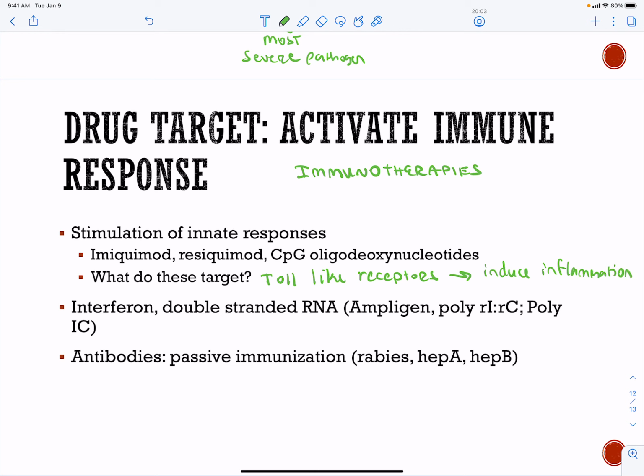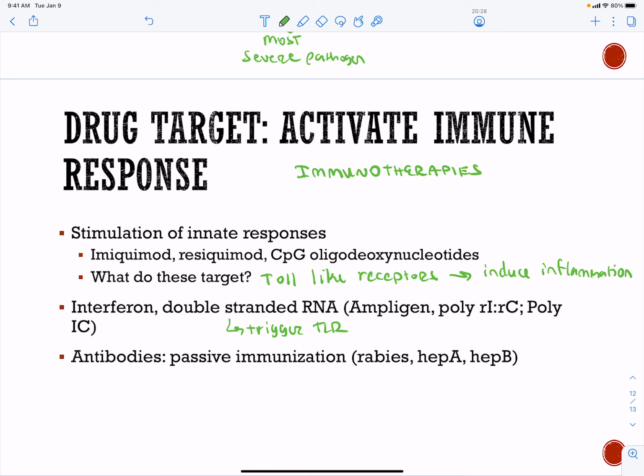Interferon is also going to have an effect on your protein synthesis. Double-stranded RNA is going to trigger toll-like receptors. And there are several different types of double-stranded RNAs, something called poly-IC.